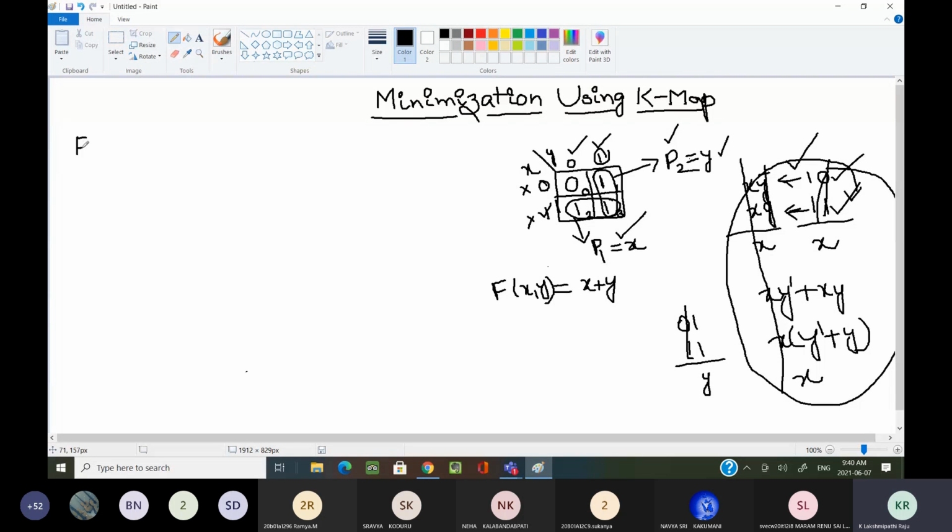F of xyz equal to sum of 2, 3, 4, 5. First try yourself.